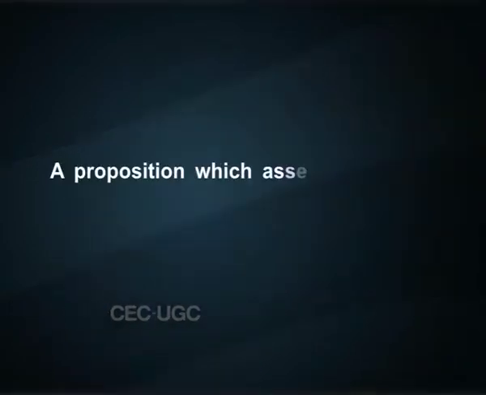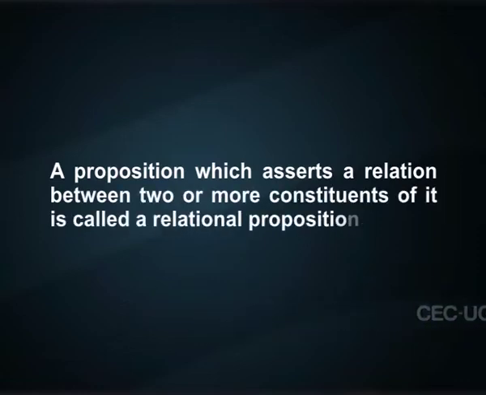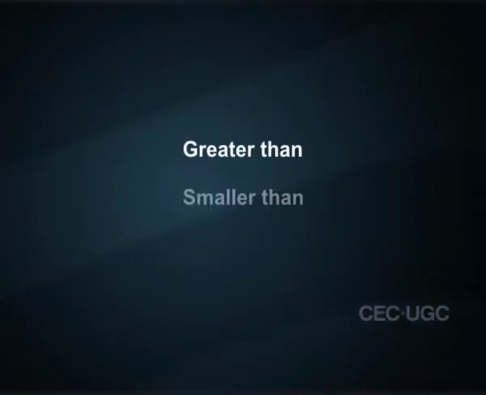A proposition which asserts a relation between two or more constituents of it is called a relational proposition. There are various words that express relations. For example, transitive verbs like drink, love, envy, hurt, etc. Also words expressing equalities and inequalities in any respect: greater than, smaller than, matches and so on.